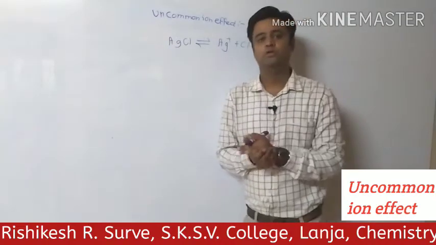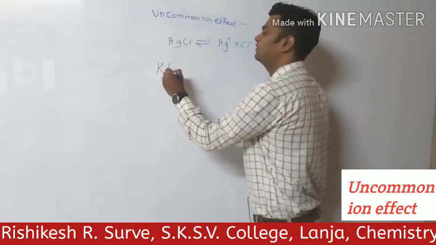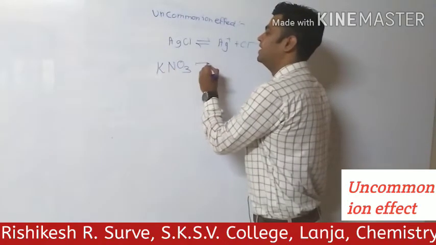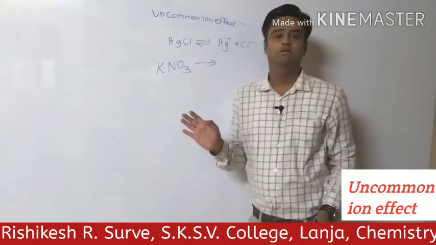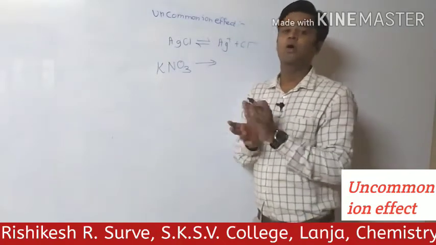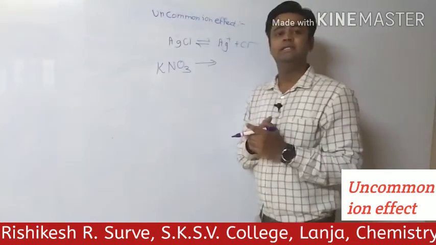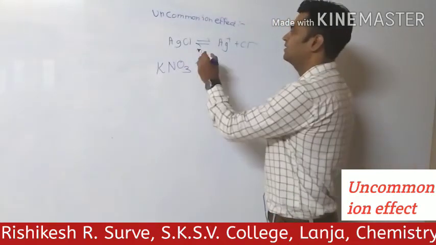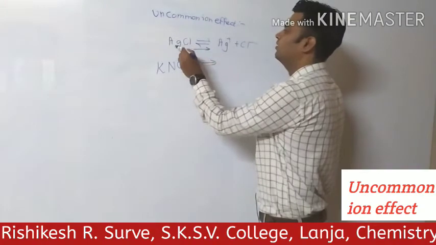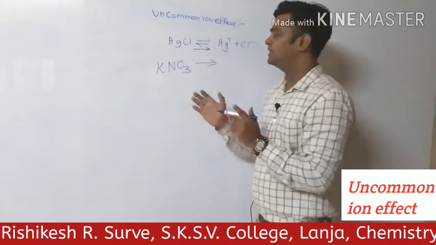But if we add some foreign ions which are not common, that is uncommon, that is, on addition of KNO3 to AgCl solution, the solubility of AgCl increases. Why does this happen?